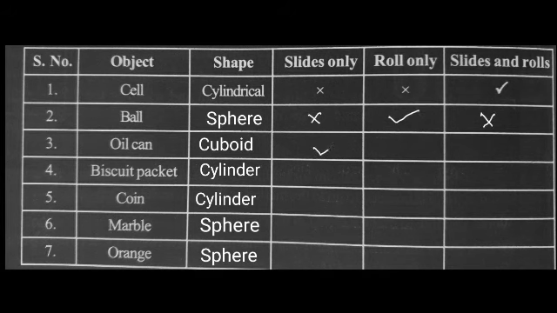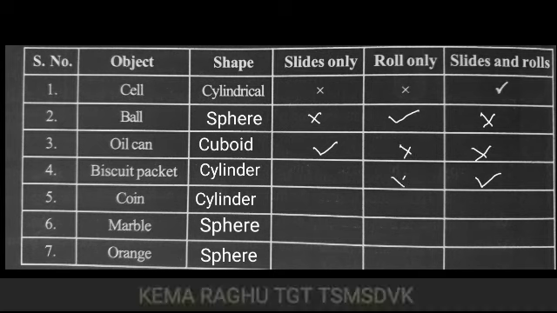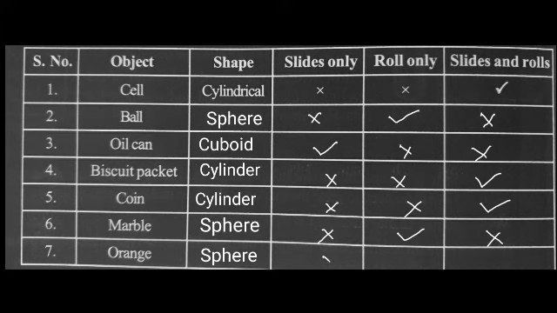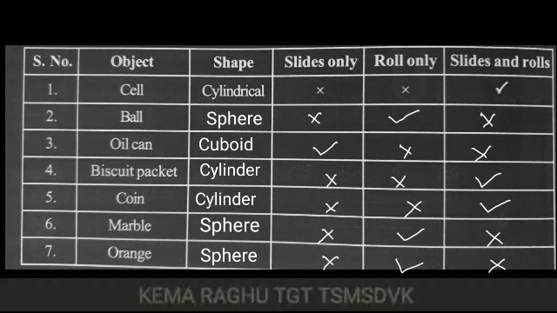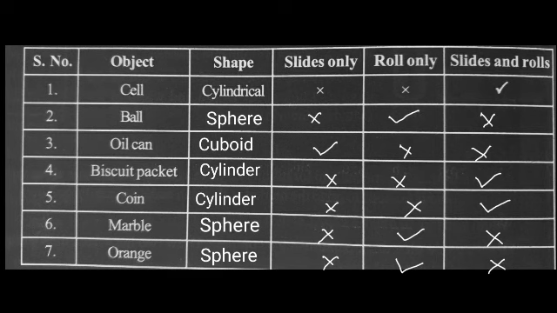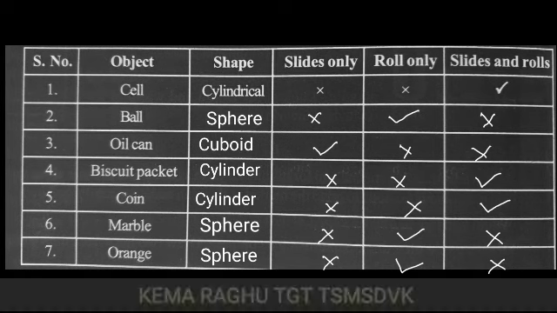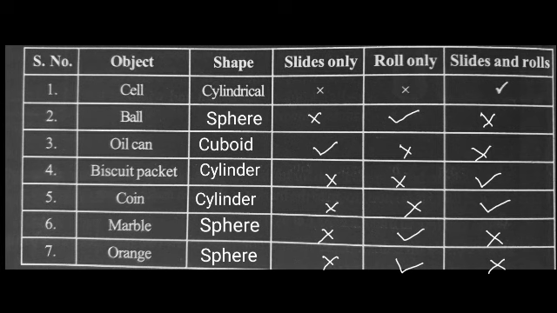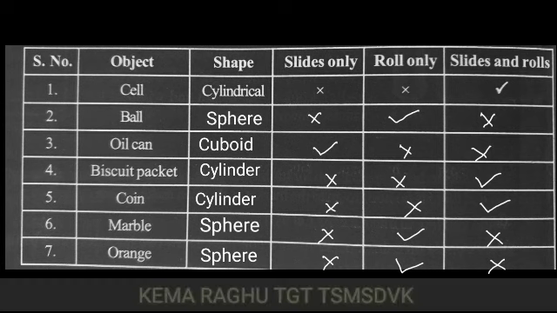A coin has a curved face as well as flat faces. A sphere has only a curved face, so it only rolls, and a cylinder slides and rolls, whereas a cuboid only slides because of its flat rectangular surface.